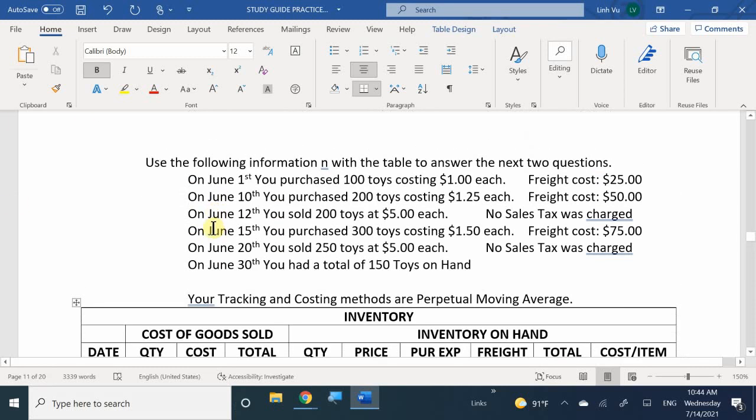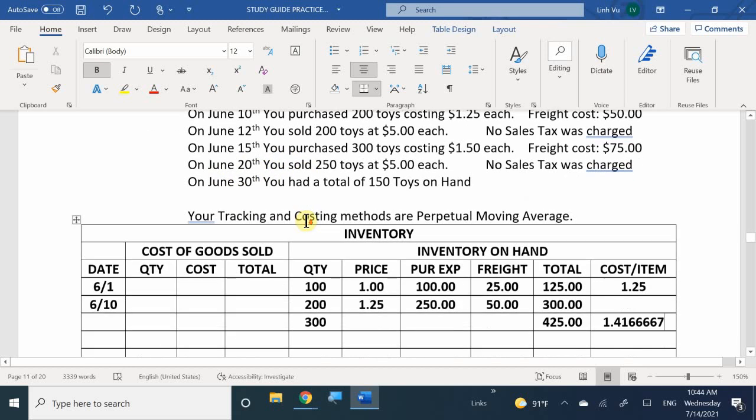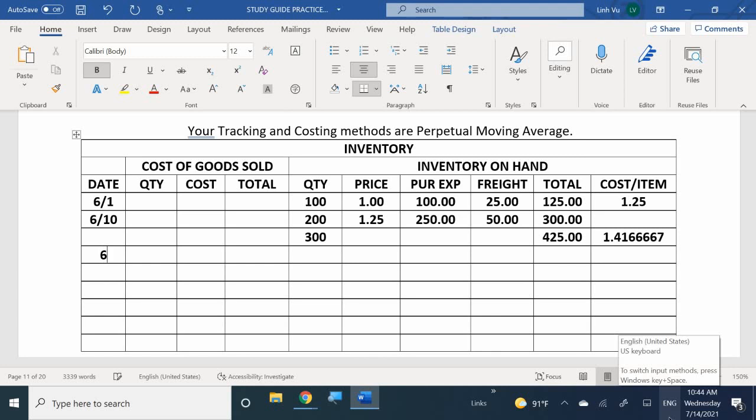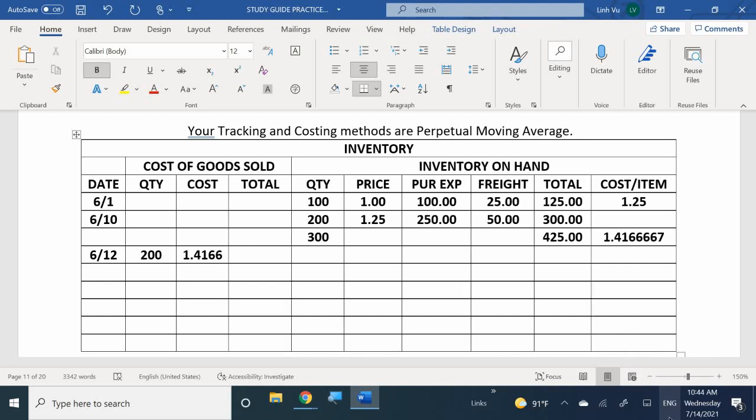The next scenario says that June 12th rolls around and you sold 200 units. So June 12th, you sold 200 units at $1.4166. That's all I can fit right there. So keep that in your calculator and now multiply it by 200. How much is your total cost of goods sold here? And I need to round in this one.